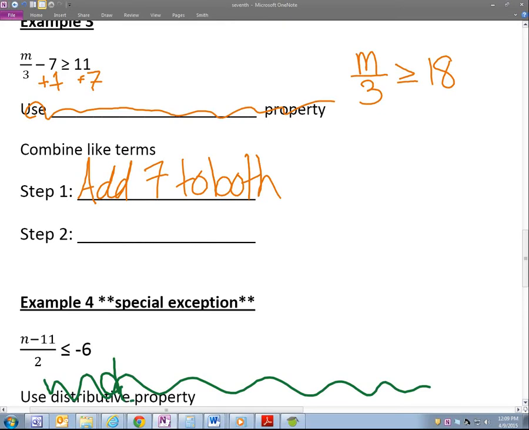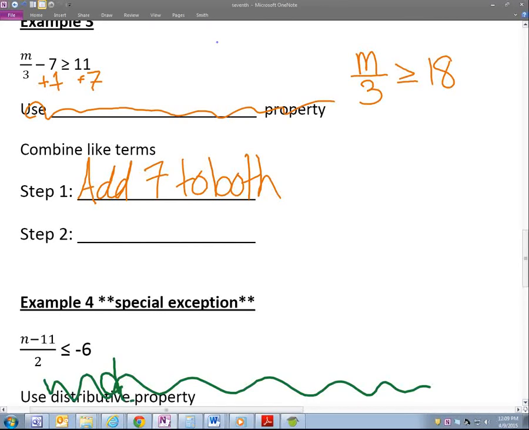Where do we go from there, Will? We divide 18 by 3. Okay. No. Here's why. What's the inverse? If you were being divided by 3 and you're like, stop dividing me by 3, what would you have to do to make sure you're not being divided into 3 pieces?